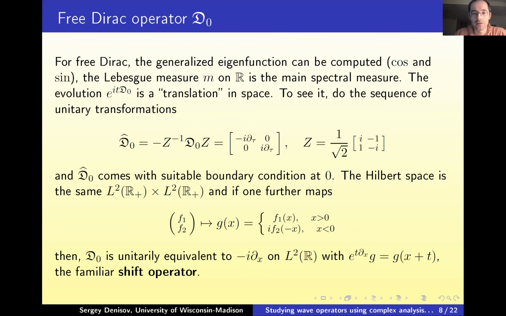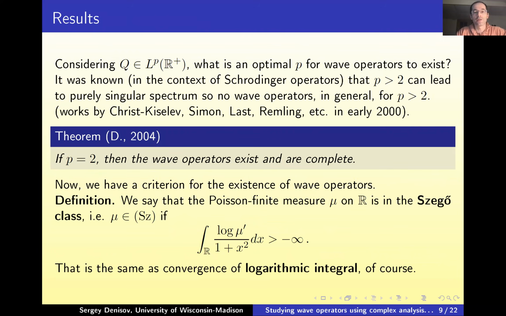Okay, but we are interested in doing scattering theory. We're interested in studying the wave operators. This problem in the context of Dirac, and especially the Schrödinger operator in dimension 1, has been studied extensively. So what would be the natural framework? You would take potential Q in some scale. The natural scale is the scale of Lebesgue spaces, LP.